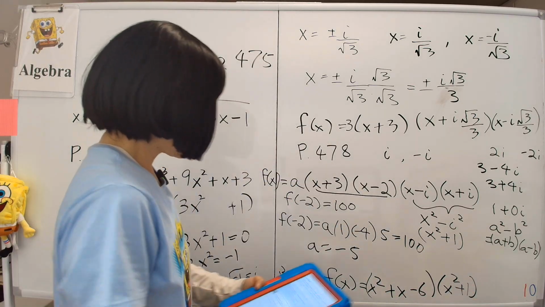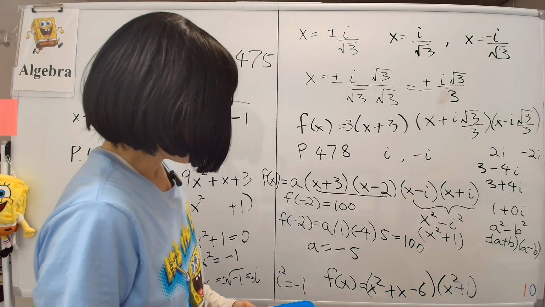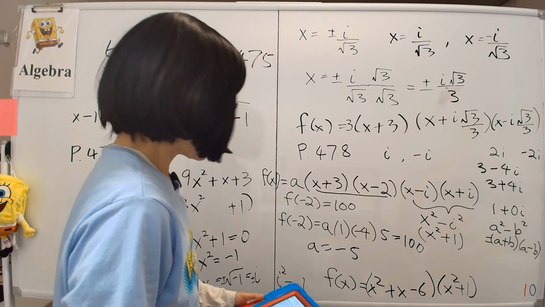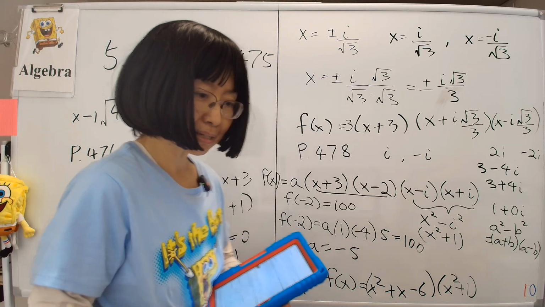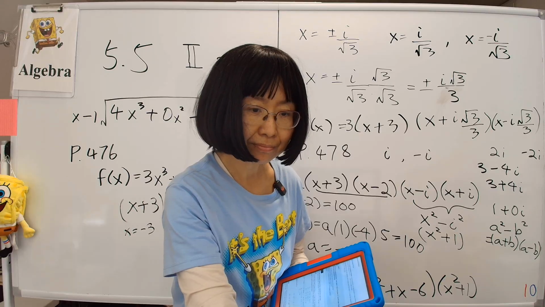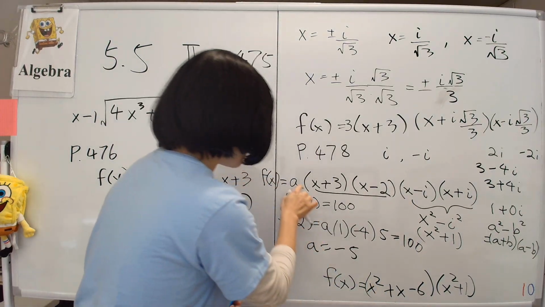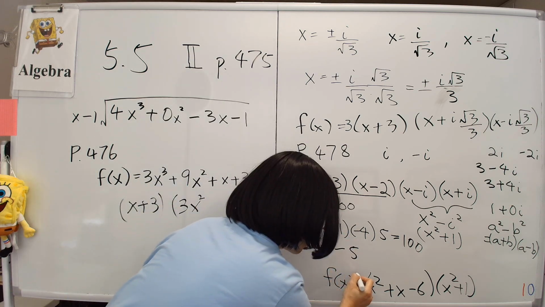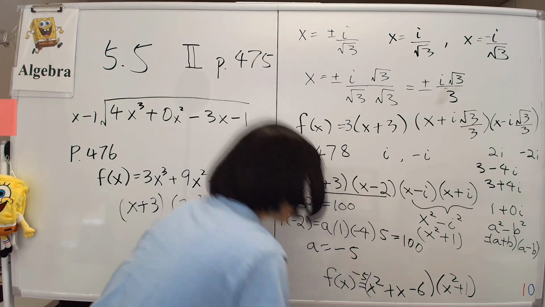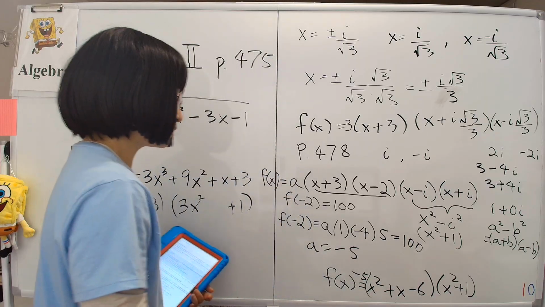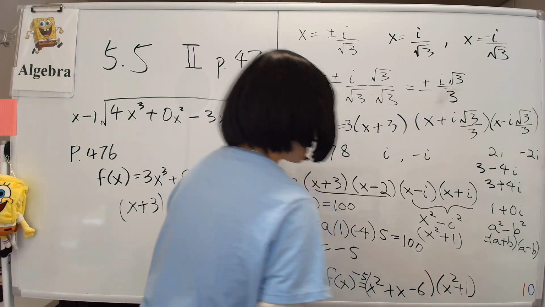So that part isn't so hard, x squared plus 1. The rest of it is far more annoying. I ran out of space, so I will do it over here. Let me erase a little bit. Oh, I forgot to write down a here. Don't forget the a, because a is in front of the polynomial. So let's write down -5 here to show we didn't forget it, but we will not pay attention to it for now, and let's just multiply this stuff out.